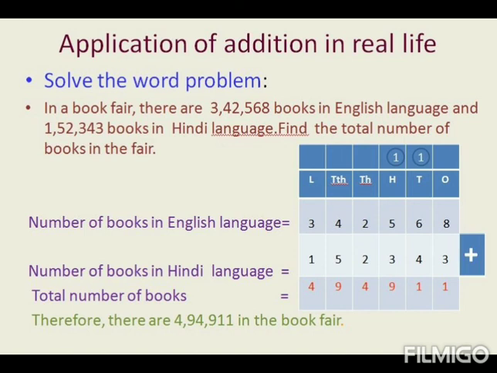Therefore there are 4,94,911 books in the book fair. Children, you try and complete it in your notebook. The calculation part you must do by yourself. You should practice the method. That's why I am telling you to practice and do it by yourself. Can you do it, children?